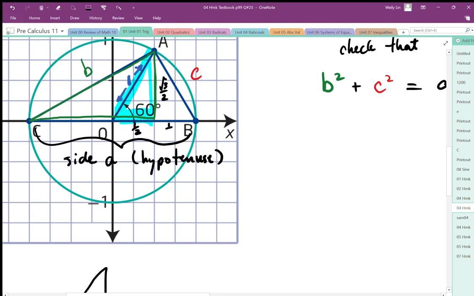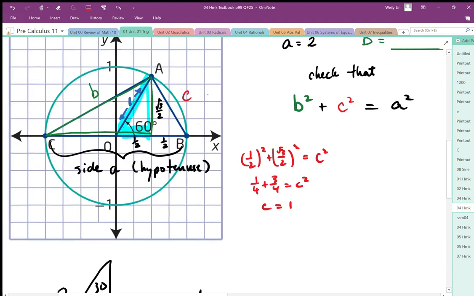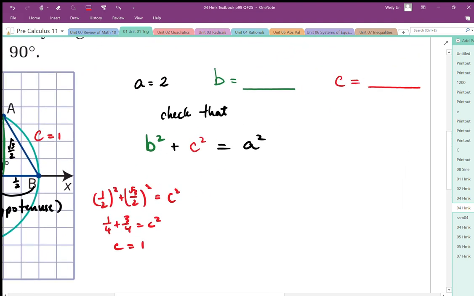We can subtract from the radius to get another length of 1/2 here, and then the length C we can work out using Pythagoras: 1/2 squared plus root 3 over 2 squared equals C squared, and from here we get 1/4 plus 3/4 equals C squared, so C squared equals 1, so C is equal to 1. So we can justify the length C is equal to 1. I'm just going to fill that in. There's C is equal to 1.